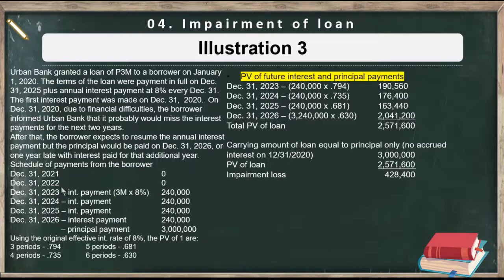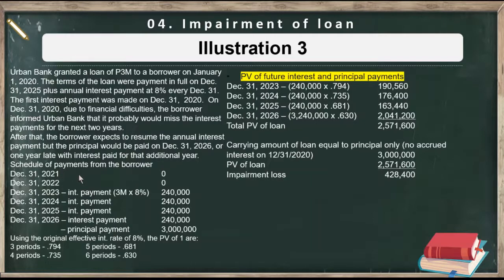428,400. What if, ma'am, the first payment is not 2023 but 2024 already? So therefore, the period we will use for the 2024 payment would be 4 periods. If the payment started in 2021, it should be the first period.